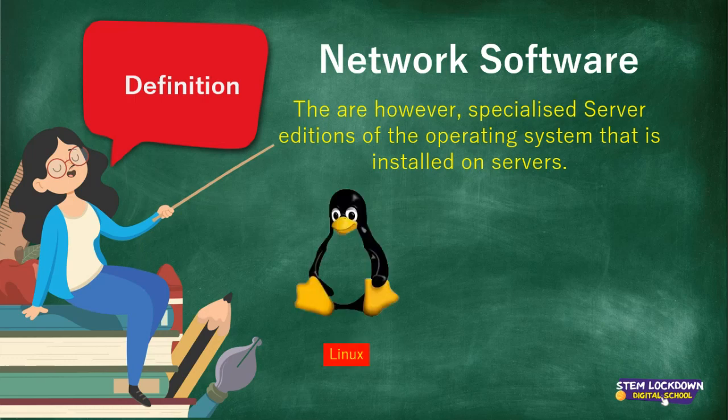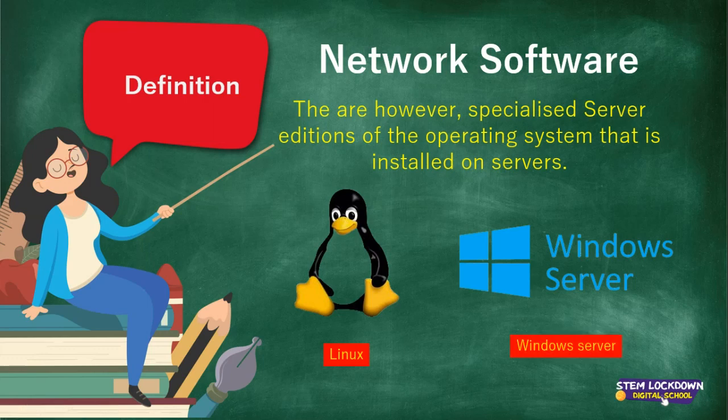For example, you've heard of the operating system called Linux, right? Linux has its version of networking, the Apache, right? Windows also has got its version. It's called the Windows Server, right? So these editions have appeared over the years, and Windows has been producing a lot of these.